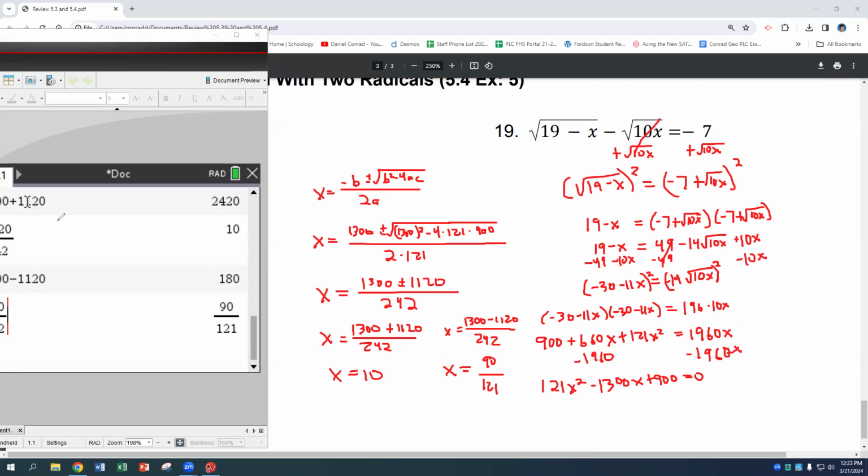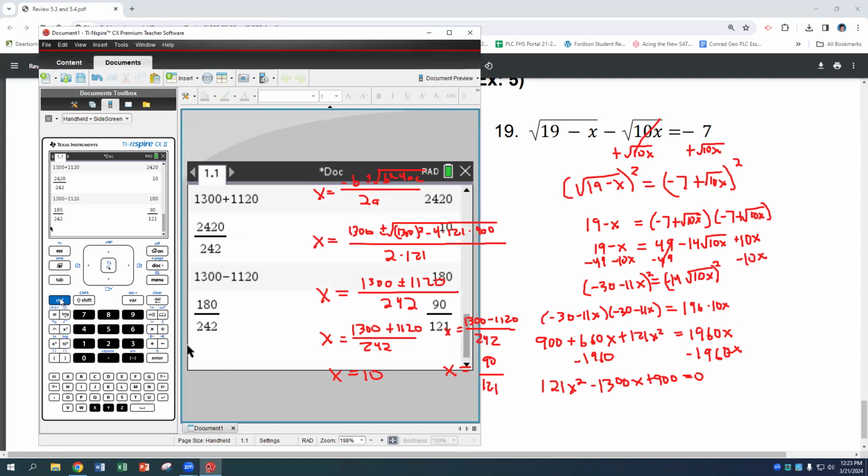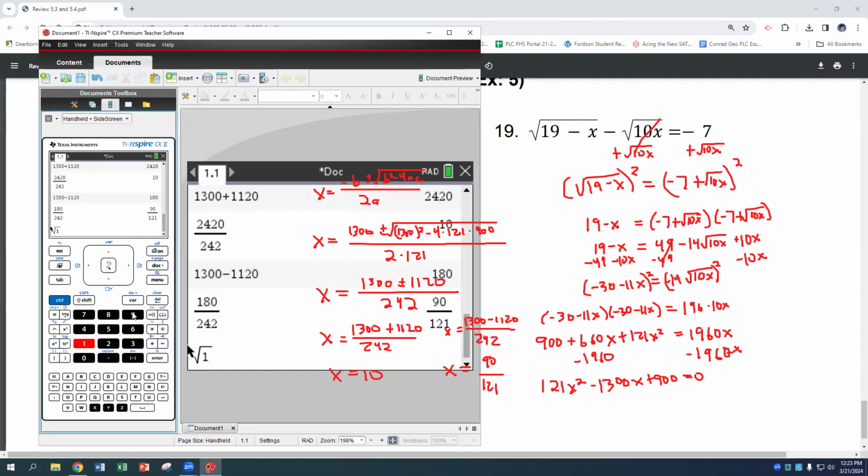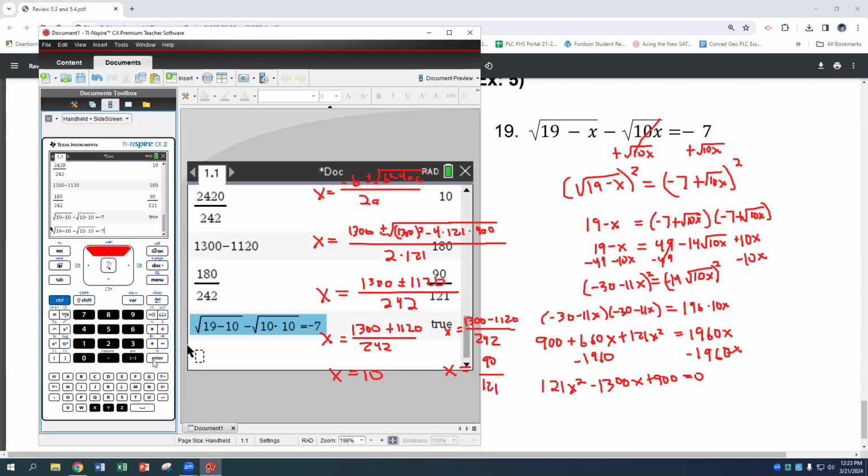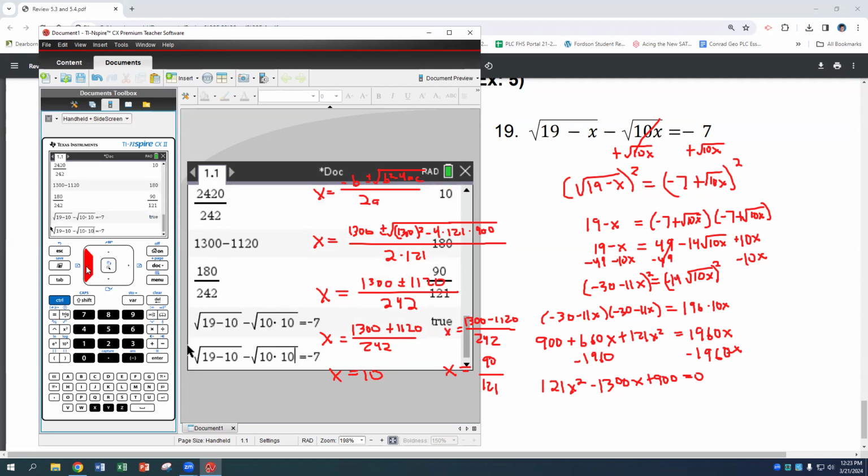Okay, the only thing left to do is we got to check them. So let's just use our calculators. Square root 19 minus 10 minus square root 10 times 10. Oh, that looks like it's going to be good, right? 3 minus 10 is negative 7. Yep, wonderful. I'm going to highlight it, and I'm going to replace the 10 here with 90 divided by 121.